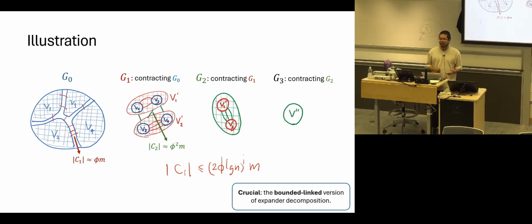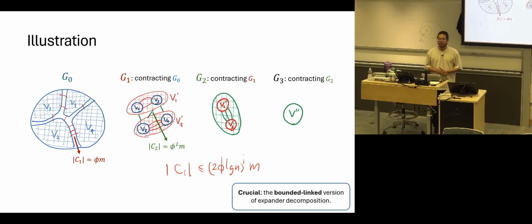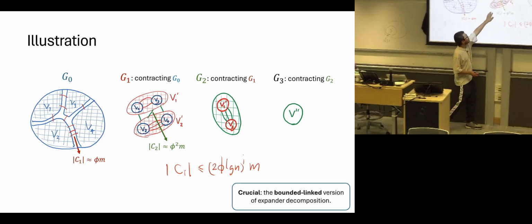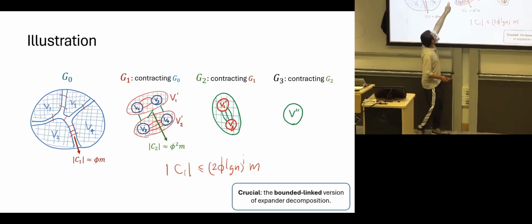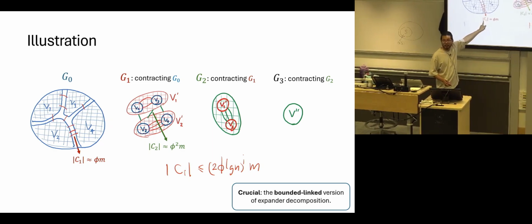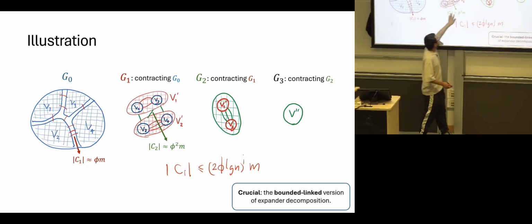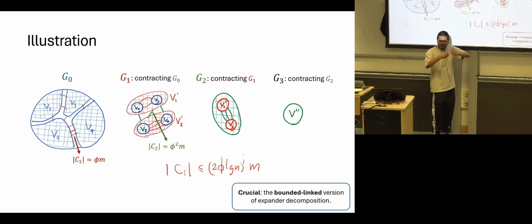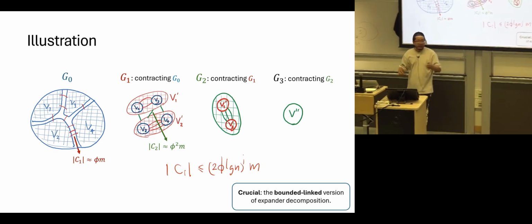We won't have this precisely, right? Because the number of edges in G1 is just the size of C1, and the number of edges in G2 is the size of C2. So the cut size keeps shrinking by this factor.